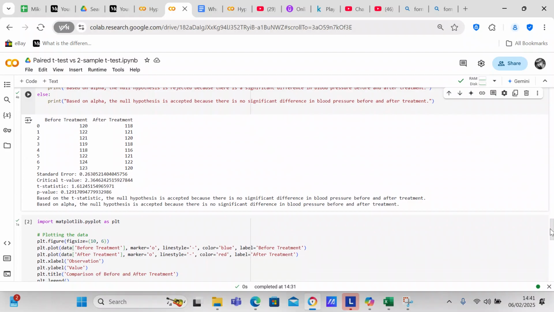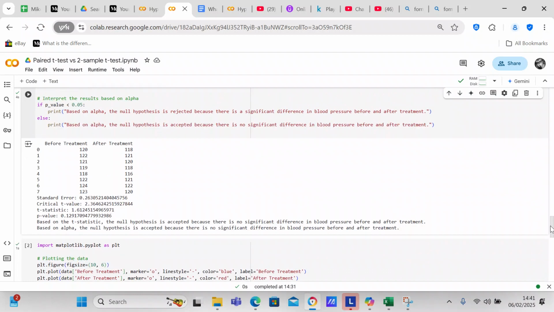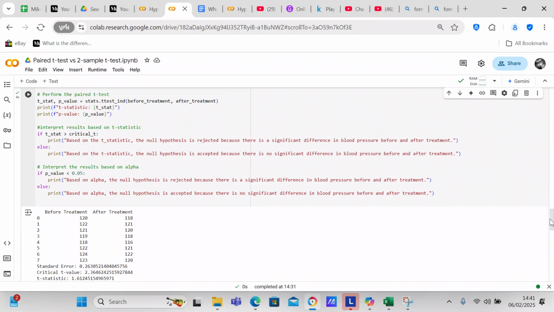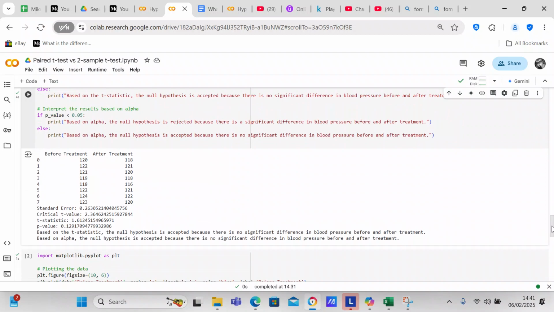Your t-statistic is less than the critical value, and because of that, the null hypothesis is going to be accepted. And the p-value is greater than the alpha, so the null hypothesis is going to be accepted as well. So you've got two instances, the t-statistic and the alpha, which allow you to accept the null hypothesis.